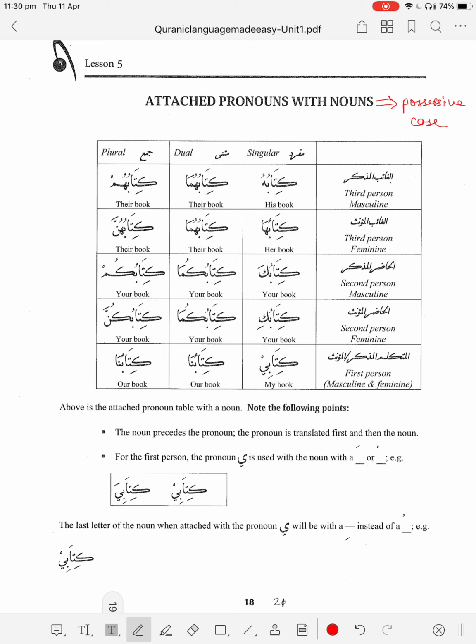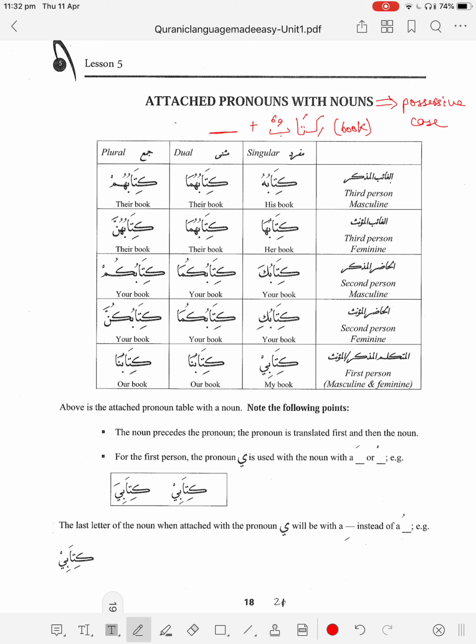If you see here, this is a case where we have kitabun, which is a noun, a book, and it's being attached to some pronoun.